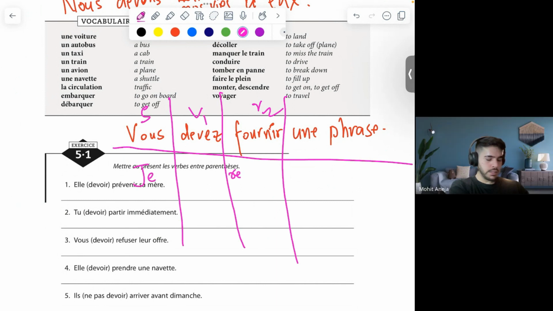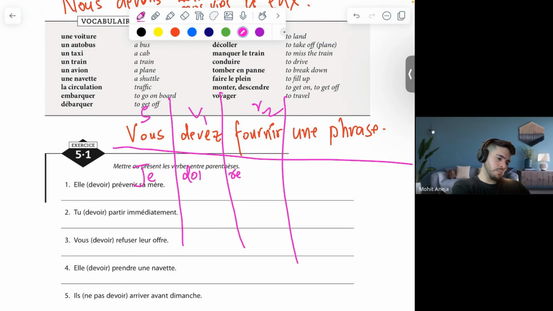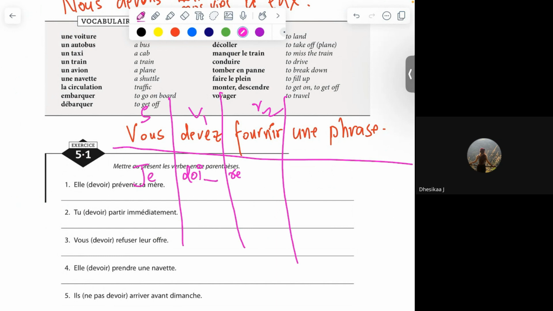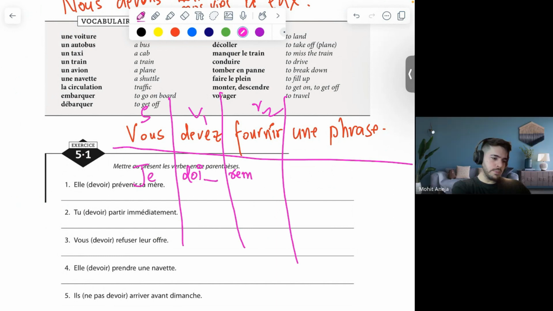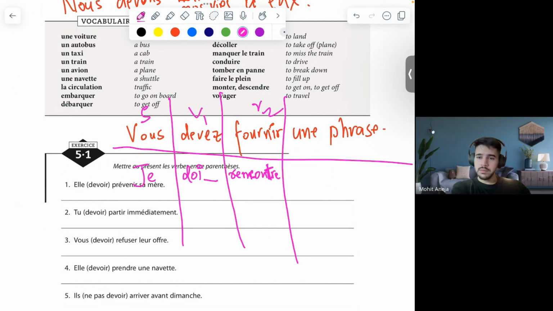Can you tell me that sentence again? Speak that sentence out. "Je dois rencontrer." What is the spelling of rencontrer? Is that infinitive? No. So the verb actually is "er" ending.